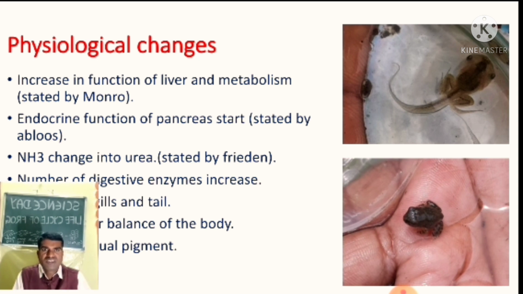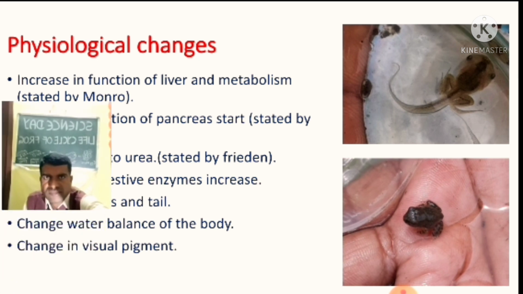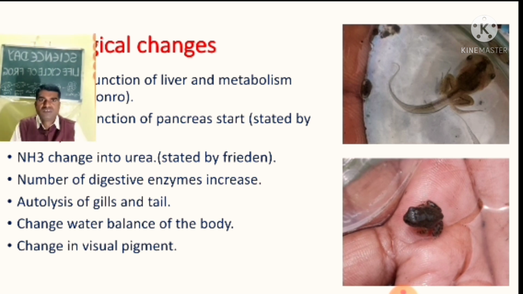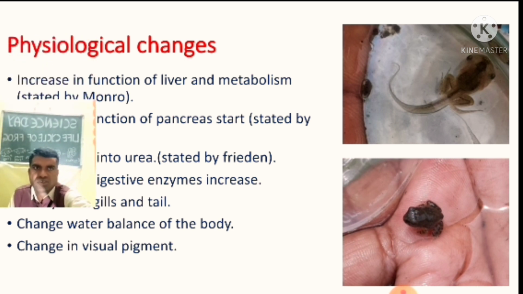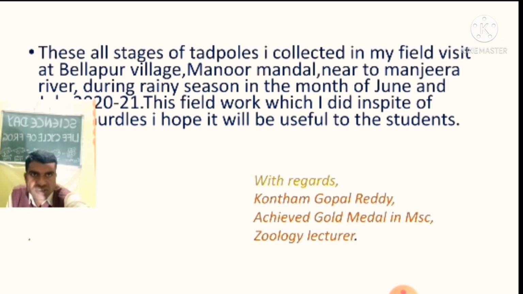Number of digestive enzymes are increasing and autolysis of gills and tail, change water balance of the body, change in visual pigments. Okay, so these are called as the physiological changes we can observe in this picture. Tail with frog and tail without frog, both we can observe here in physiological changes.